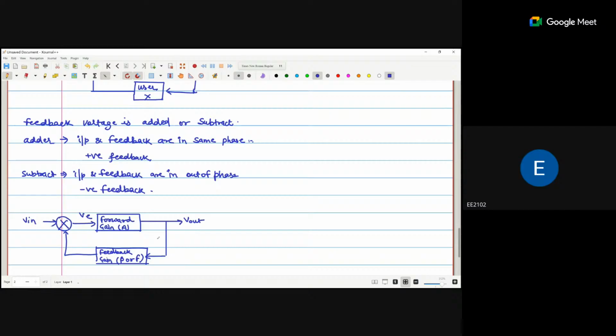Okay, so what is my V out by V in? If you go through the weak content, what is my V out by V in?